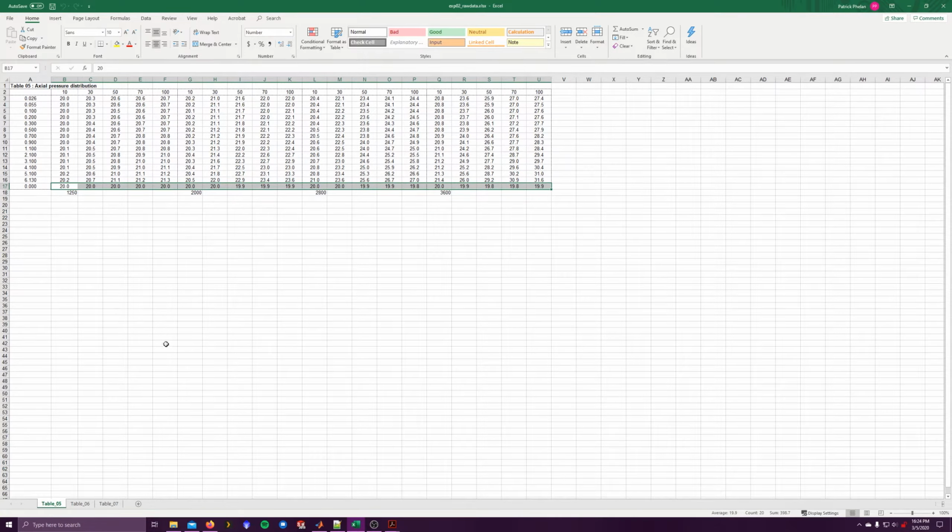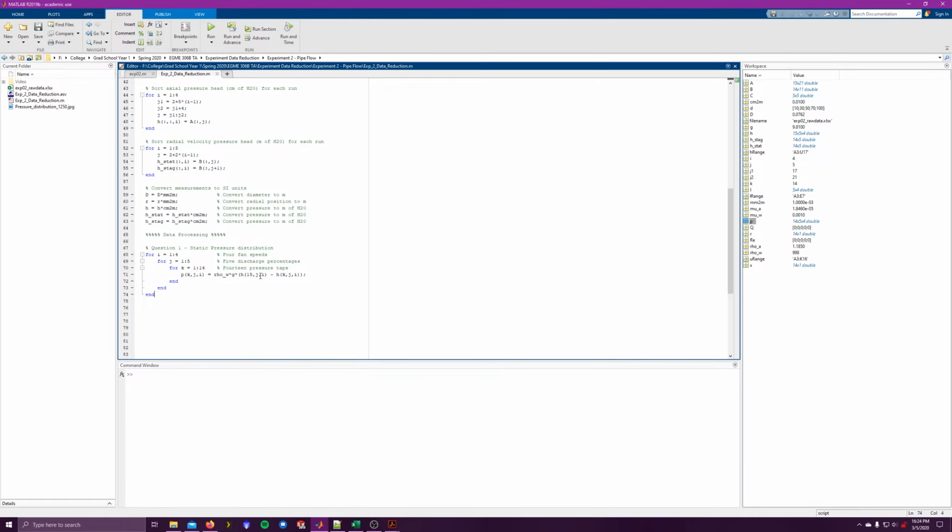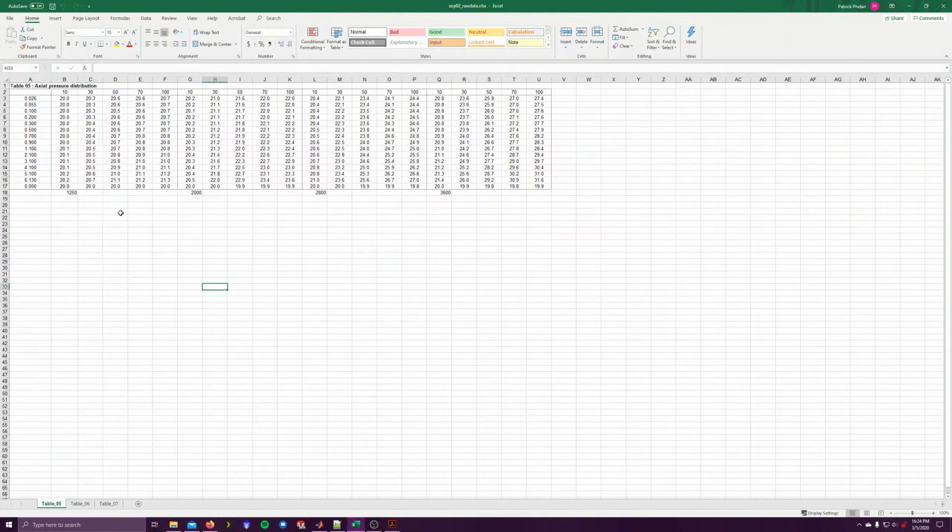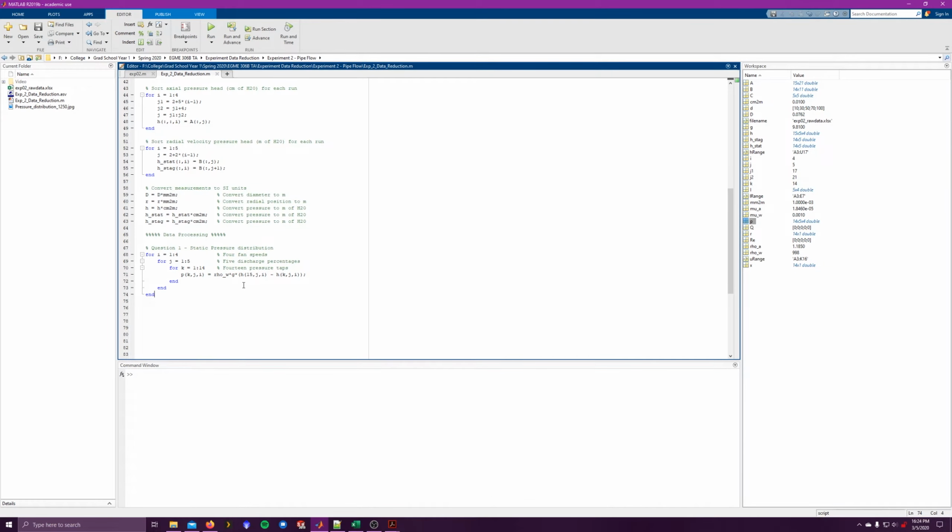If I have h of 15, comma 1 for j, that's going to be for that first discharge percentage, and then I is going to be for the first run. So that would be this value right here. It would be 20 if I had h of 15, comma 1, comma 1. I hope that made sense. So we're just doing, for the pressure tap, for the static pressure, rho times g times our height differential that we had from the manometer.